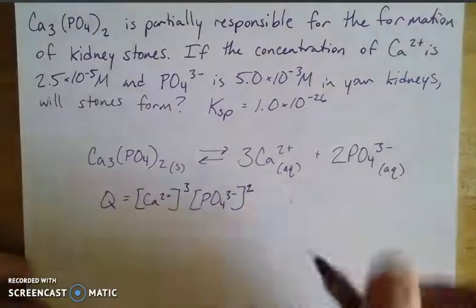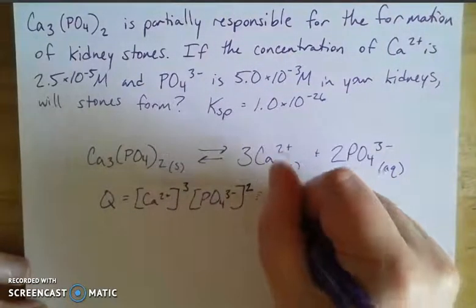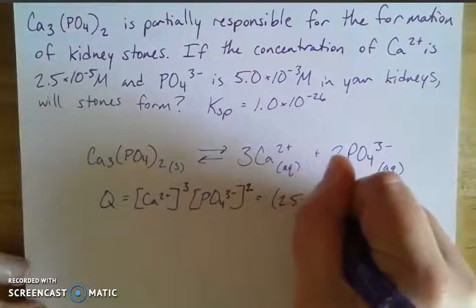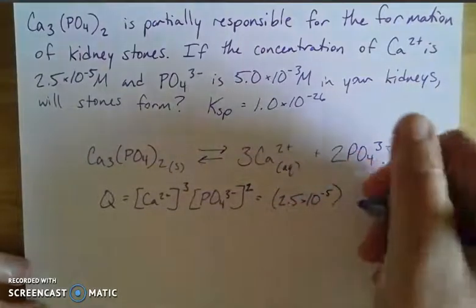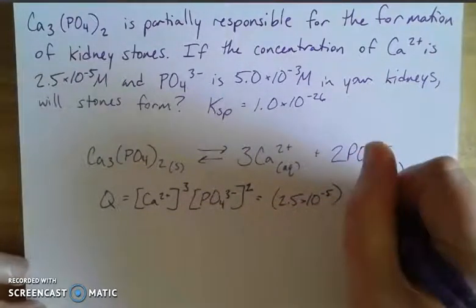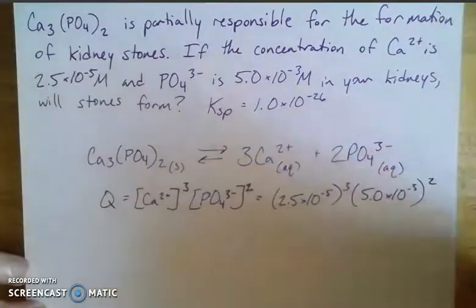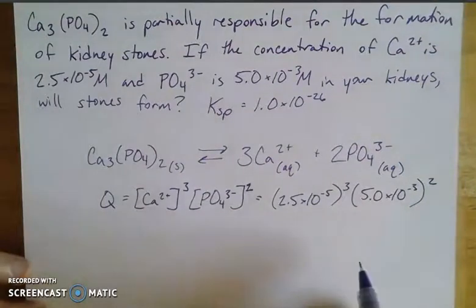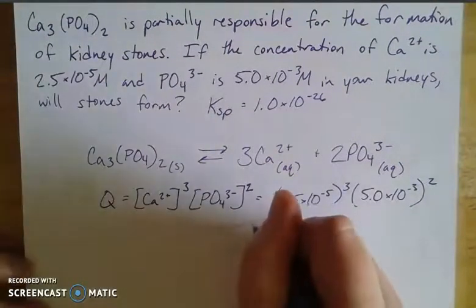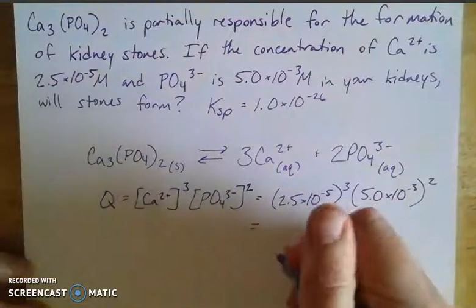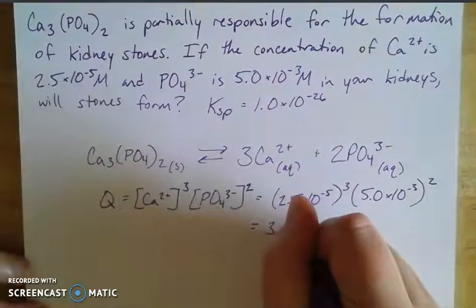And I'm given concentrations for each of those, so I'm going to plug those values in. And when I run the numbers on this, I end up with a Q value of 3.9 times 10 to the negative 19th.